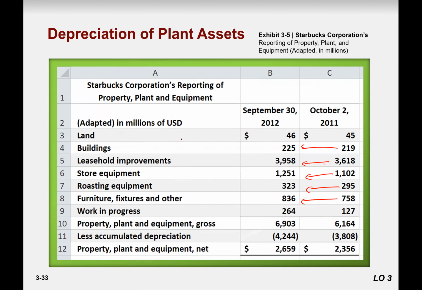We said that the cost value remains the same. The only reason is that if you see 225 minus 219, the answer is $6 million worth of additional building they purchased.